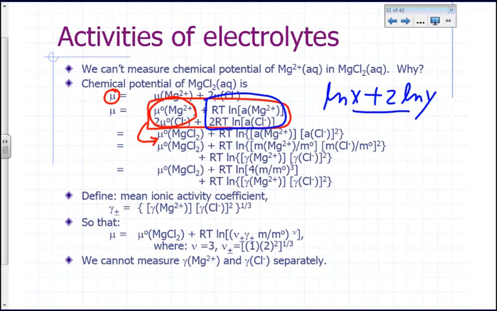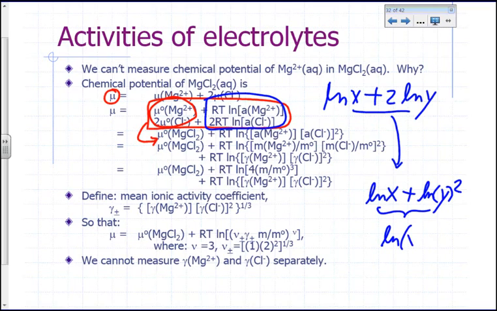You can combine these by saying you have ln of x plus ln of y squared, and that's ln of x times y squared. So you factor out the RT, and you have ln of the activity of magnesium times the activity of chloride, and the 2 we move inside, so that's chloride squared.